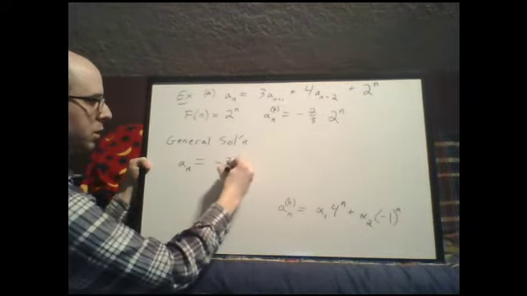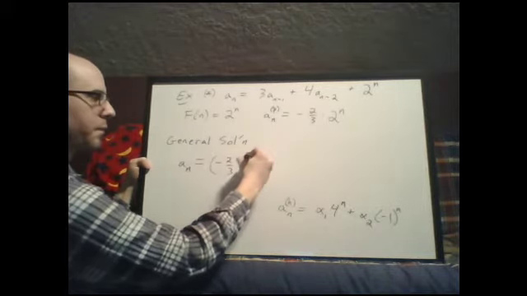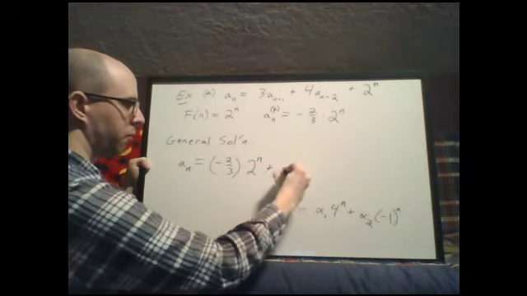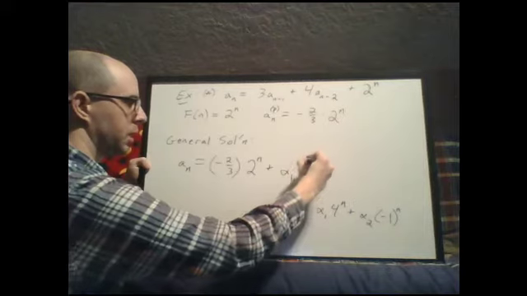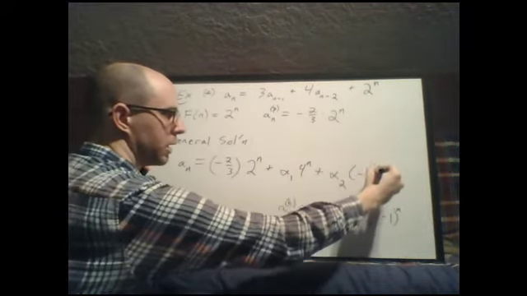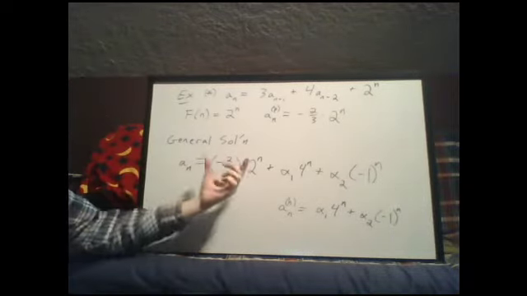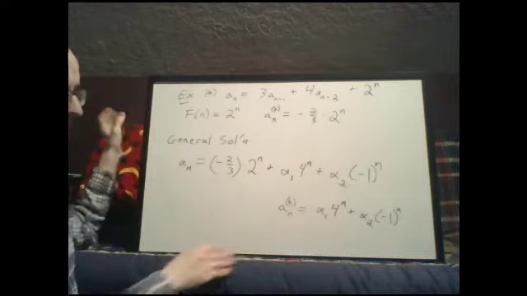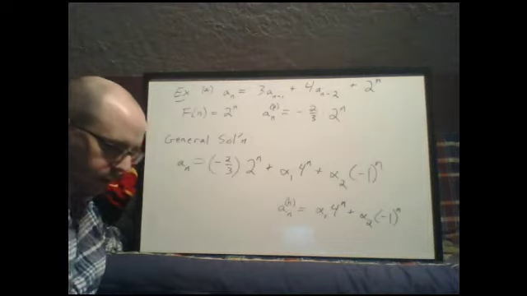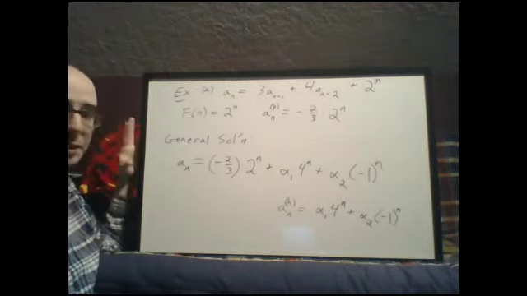Negative 2/3, let me put parentheses, it looks better, times 2 to the n plus alpha 1 times 4 to the n plus alpha 2 times negative 1 to the n. So APN plus AHN. Right. So then, this is the general solution.